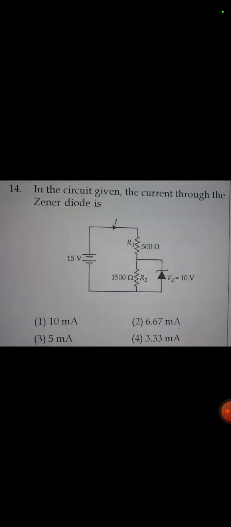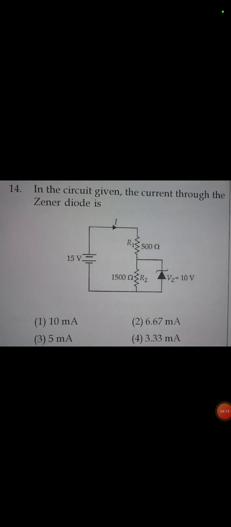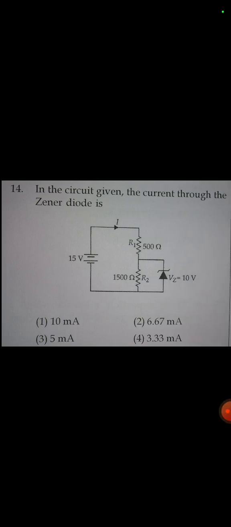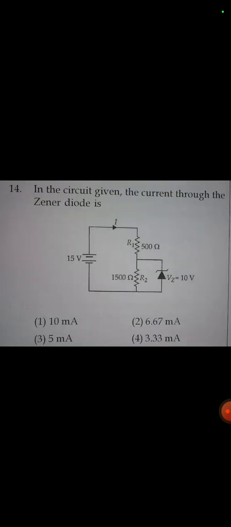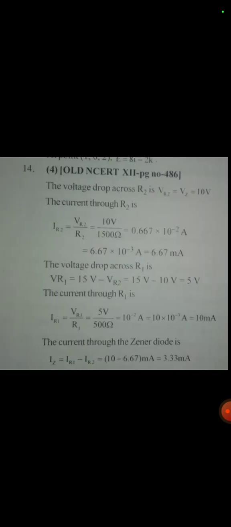Next, the voltage across R1 is VR1 equal to 15 minus VR2. Therefore it comes out to be 5 volt across R1.